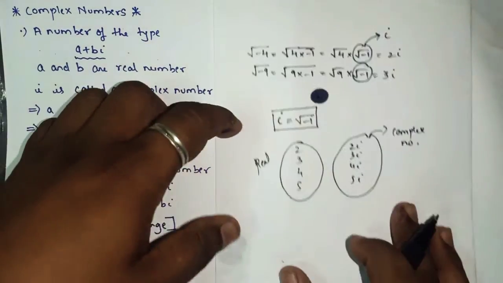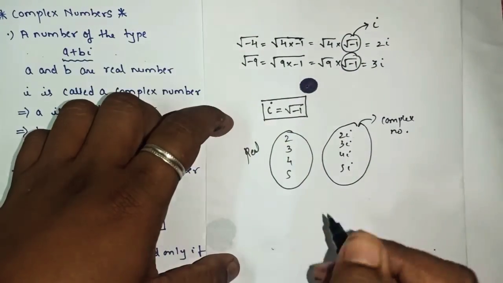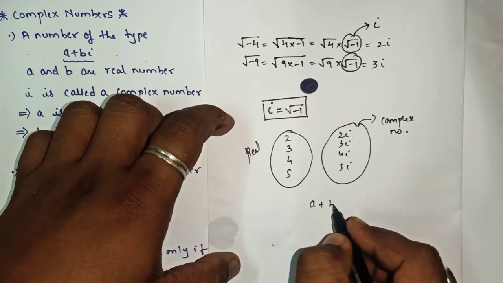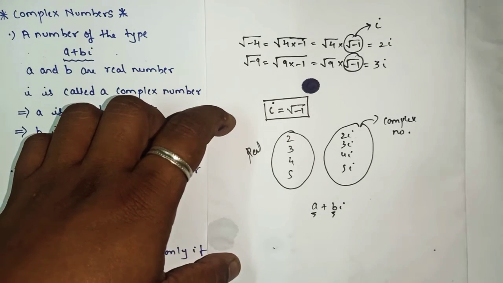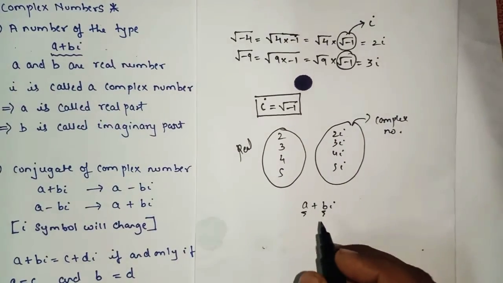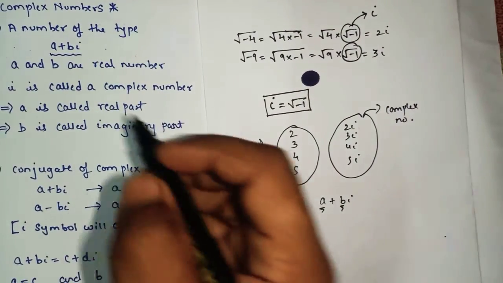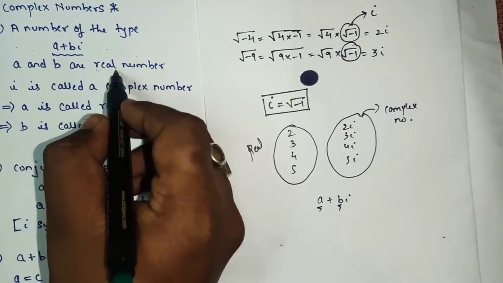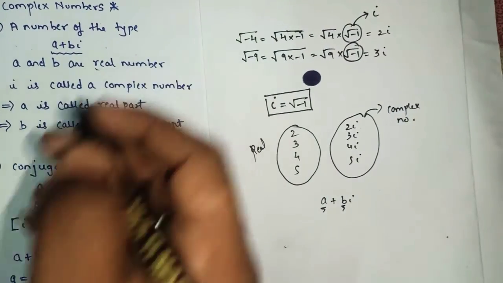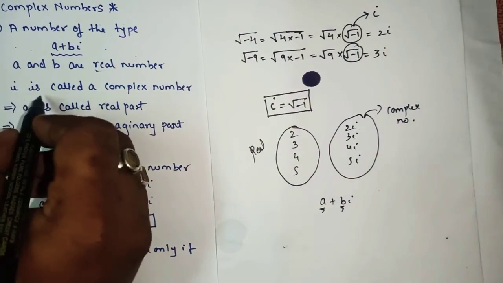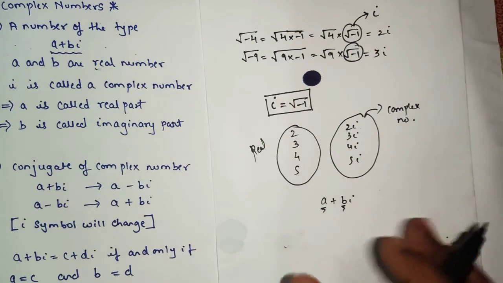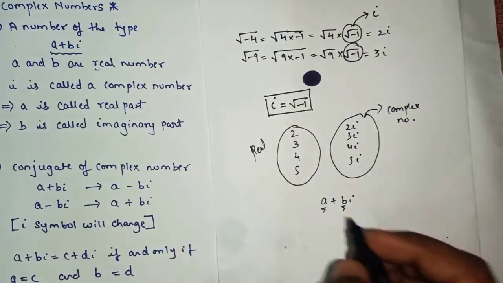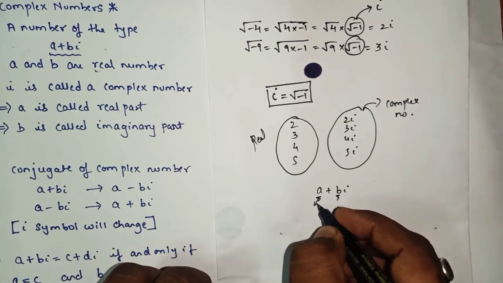Okay, so here we know the format is what? A plus bi. So here A and B are called what? The real numbers. Yes or no? And I is the imaginary number. Okay, got the point? But here this A, can you see this A?